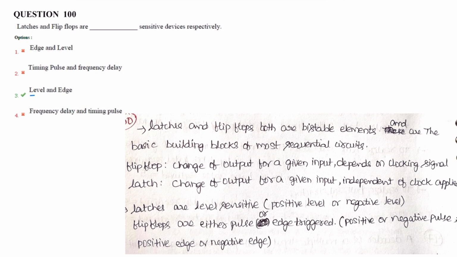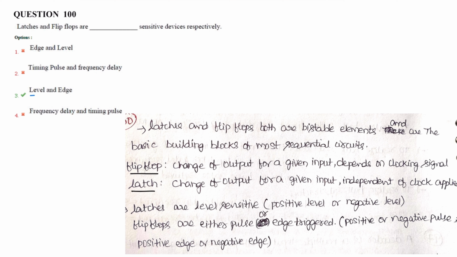Question number 100. It is related to latches and flip-flops. Latches and flip-flops are bistable elements, the basic building blocks of most sequential circuits. For a flip-flop, the change in output for a given input depends on the clocking signal. For a latch, the change in output for a given input is independent of the clock signal.